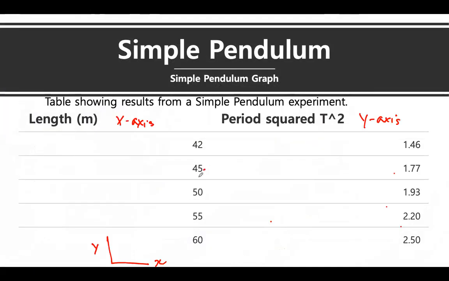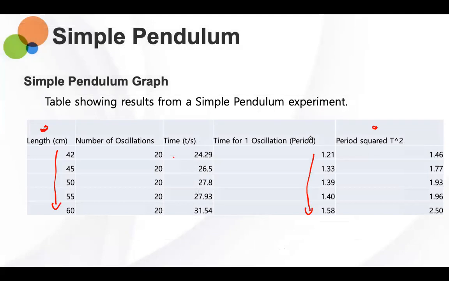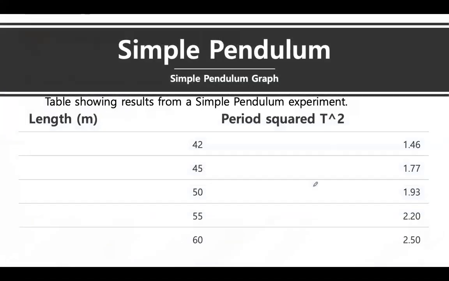As our length increases from 42 to 45, we see an increase in our period from 1.21 to 1.33. As we increase from 45 to 50, we see an increase from 1.33 to 1.39.